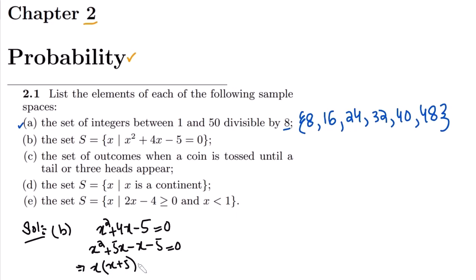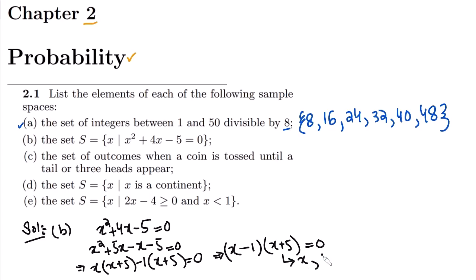So that would be x, x plus 5 and minus 1, x plus 5 equal to 0, which will ultimately give me x minus 1, x plus 5 equal to 0, and which will ultimately give me the values of x, which are 1 and minus 5.